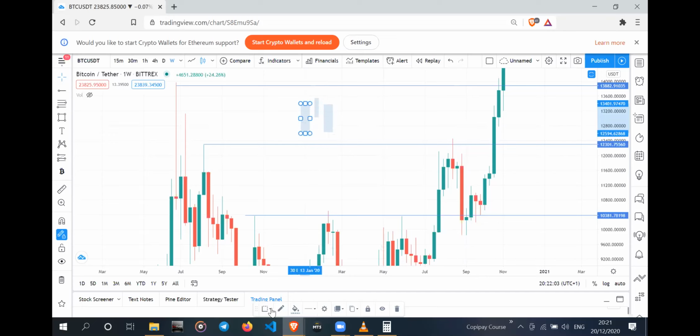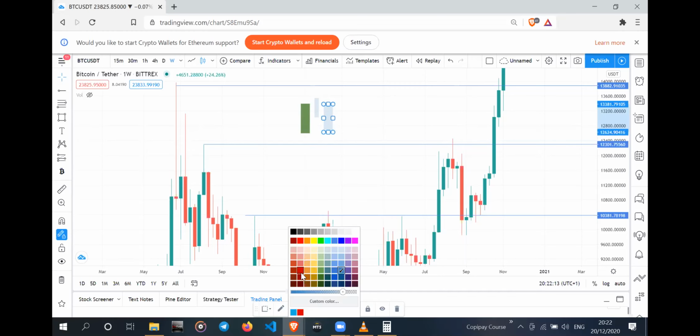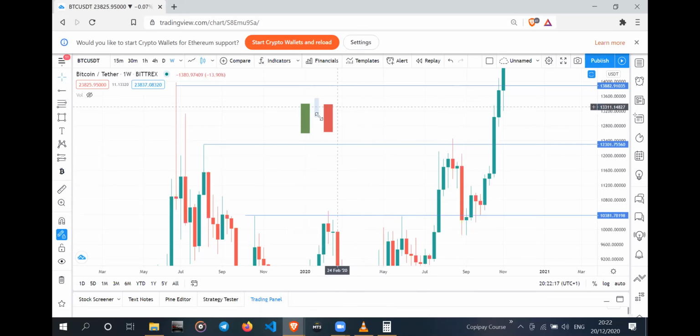Let me put in the colors. Okay, it should be green, then this should be red. So if you were to take a trade with this, this is the neckline.